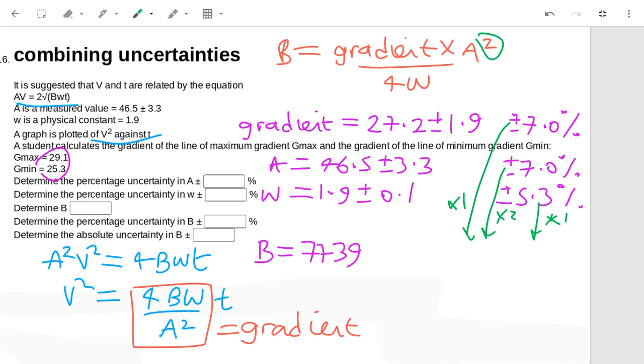So I do 7 plus 2 times 7 plus 5.3, and that gives me 26.3%. And then I can do 26.3% of my 7,739, and that gives me an absolute uncertainty of 2,035.